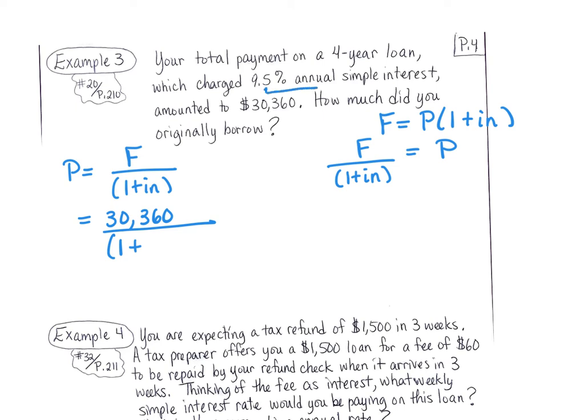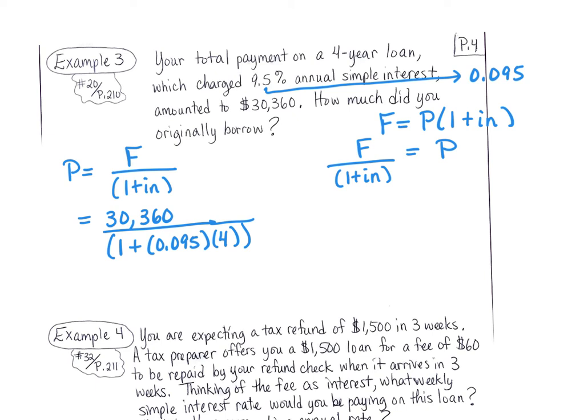Well, this 9.5% annual simple interest means that we have 0.095 as I. So we put in 0.095 here. N, remember, N is the number of periods that we have, and it says it's a 4-year loan, right? So we multiply that by 4.